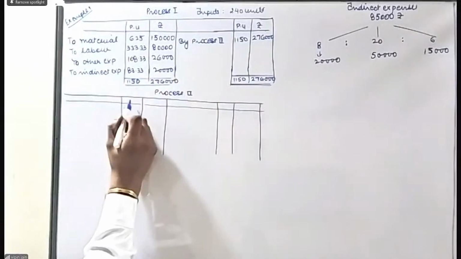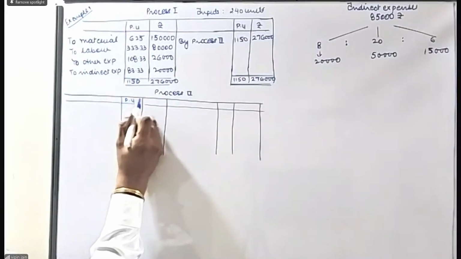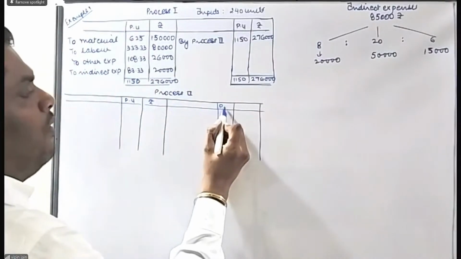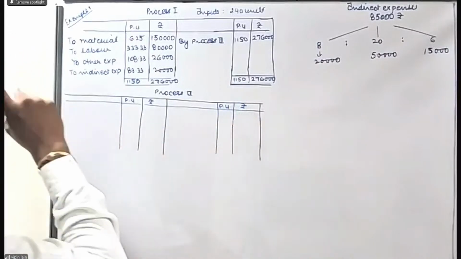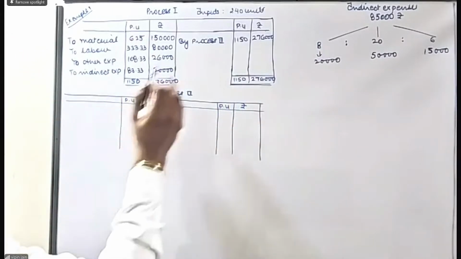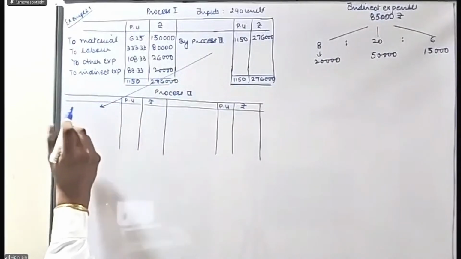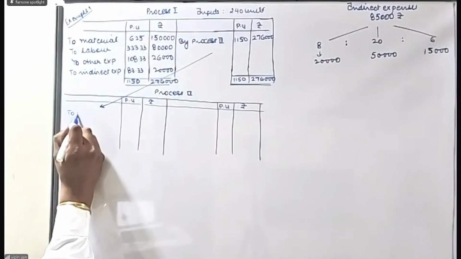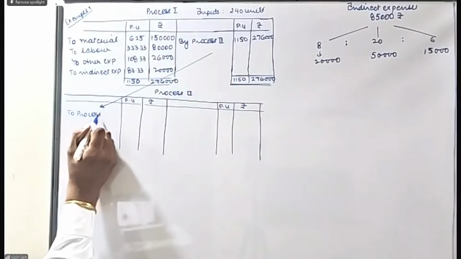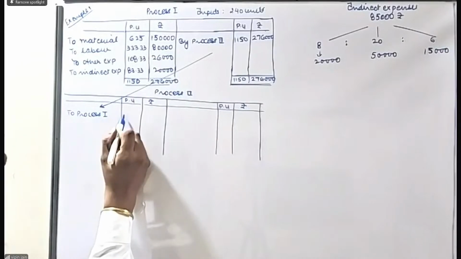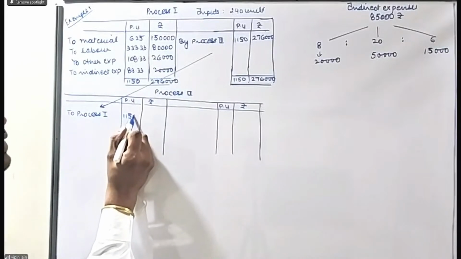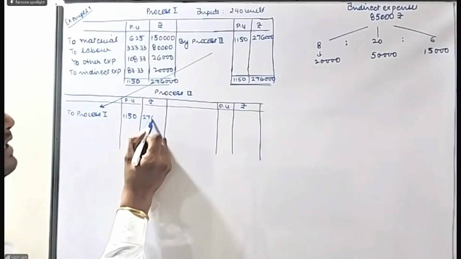Now the output of this process is transferred to the next process. So we'll write here to process first, that is 1150 and 276,000.